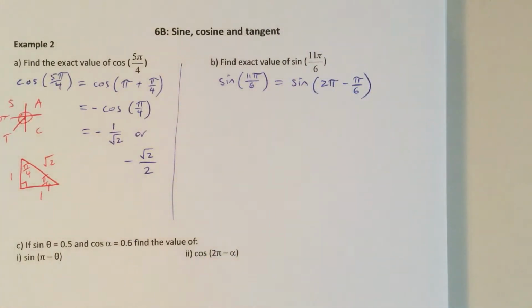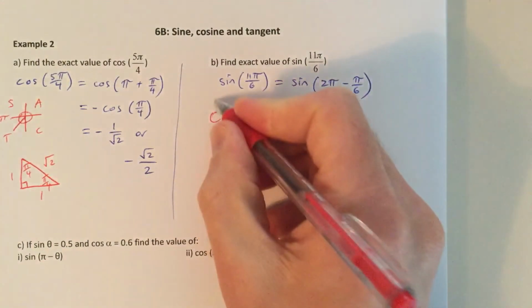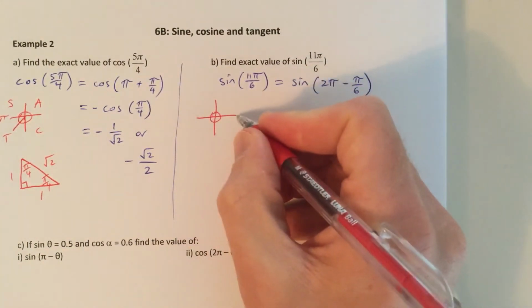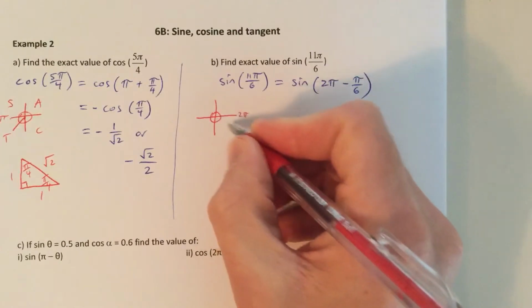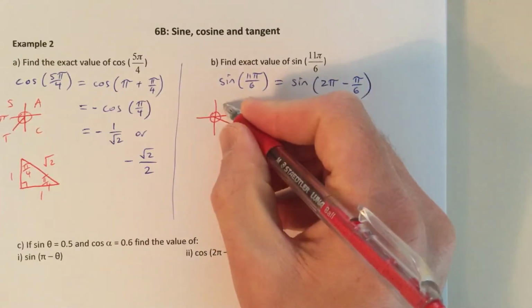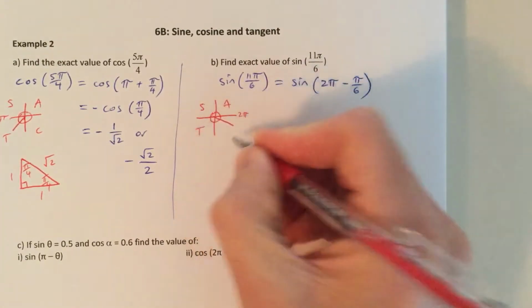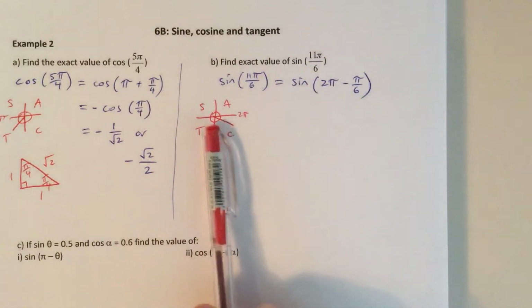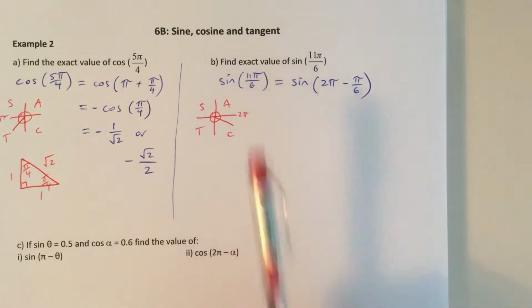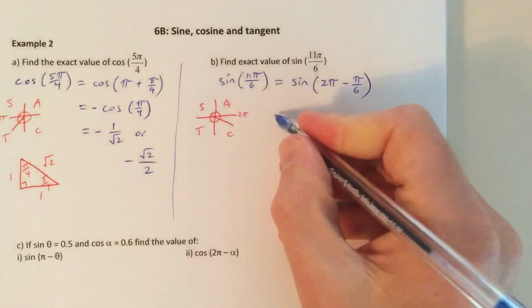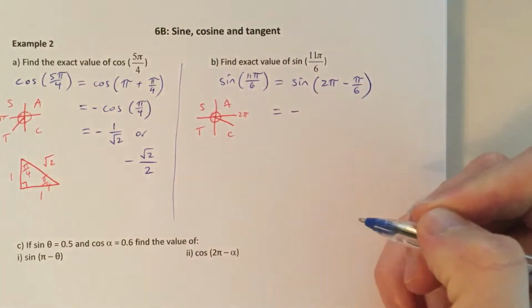And once we know that, again, that helps us identify which quadrant we're in. 2 pi minus an acute angle puts us down here in the fourth quadrant, and in the fourth quadrant only cosine is positive but sine is negative, and so we know that our answer is going to be a negative value.